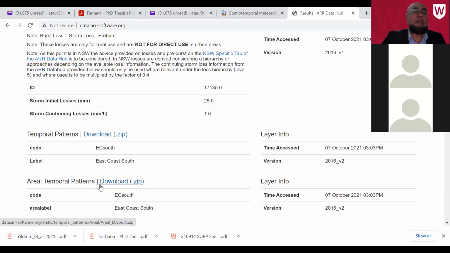So then we have the temporal patterns here, and we can download the temporal patterns from here as a zip file, and then we can unzip it and use it.